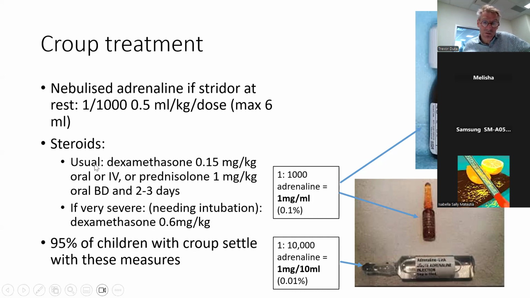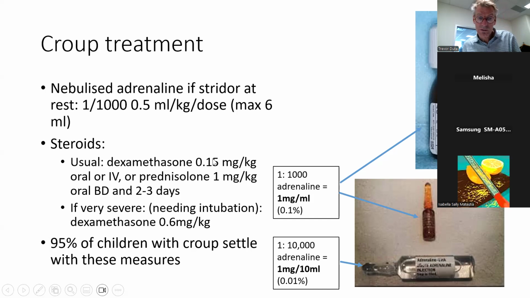The dose of dexamethasone, if that's what you've got, is 0.15 milligrams per kilogram. If you've got a child who's very severe, then I usually give a larger dose, 0.6 milligrams per kilogram. If the child's needing intubation, then give them a larger dose. But that's rare.